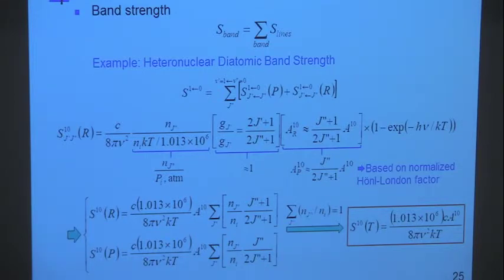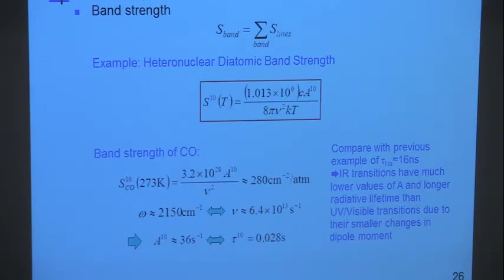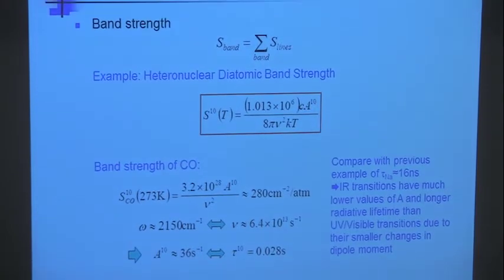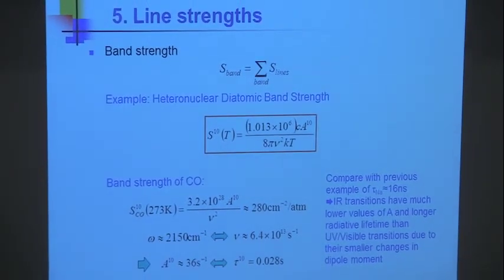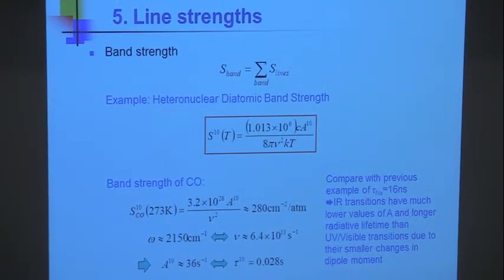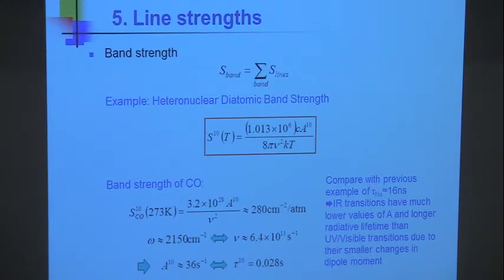Basically, there's a way to go from band strengths to line strengths or from line strengths to band strengths. That's only done when we talk about rovibrational transitions. When we talk about rovibronic transitions in the ultraviolet and the visible, we almost always work in terms of oscillator strengths.